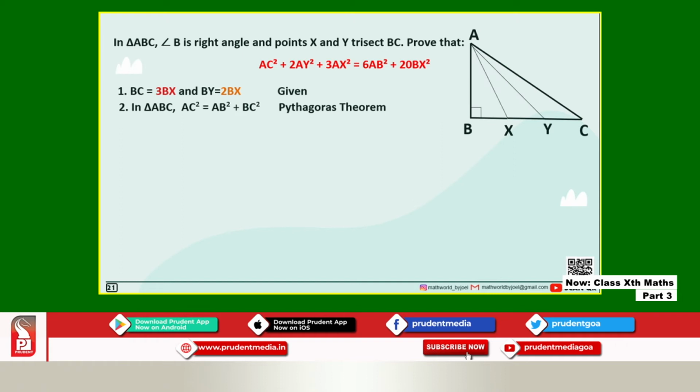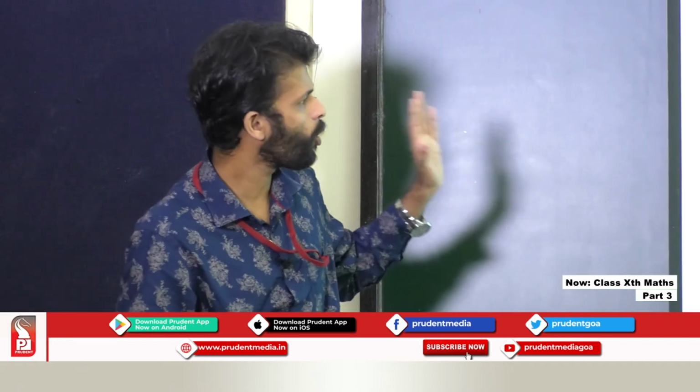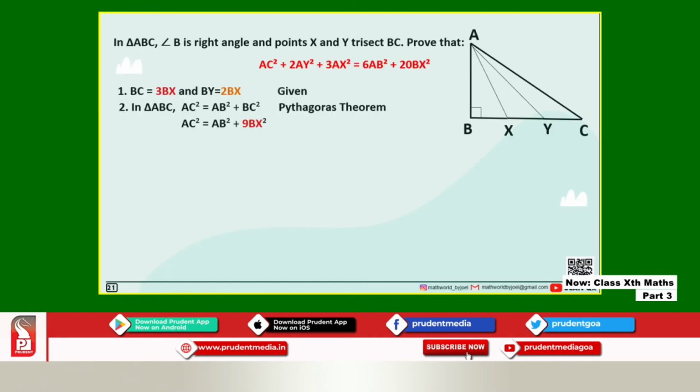So AC square is equal to AB square plus 9BX square. How did we come to this? From step 2, wherever there was BC, I have replaced it with 3BX. There was a square, so 3 square becomes 9 and BX becomes BX square. That's all, from step 1 and step 2 exactly.